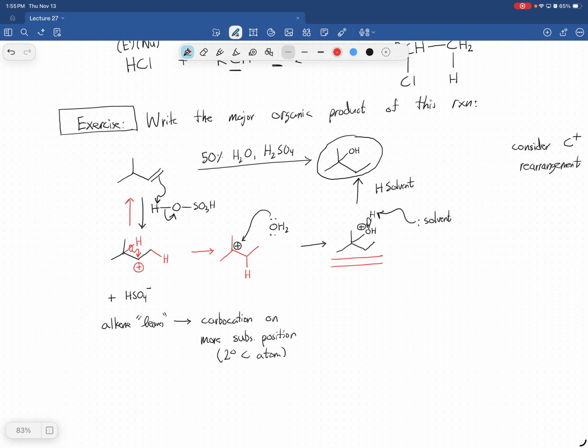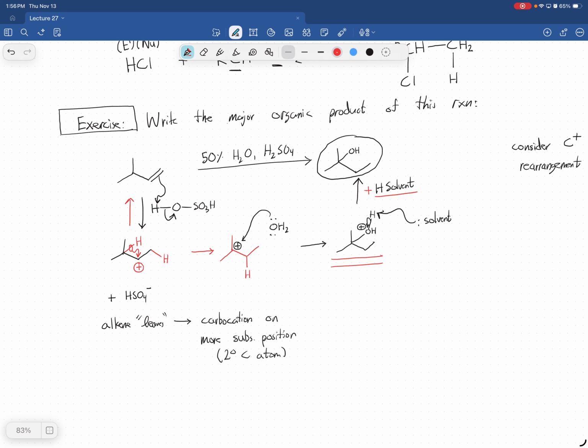I just wrote it right here. Plus H solvent. But you can show that on the side if you want. In the second step where you have the hydrogen in red? Oh, that one. You don't have to show it if you don't need to, but you could if it helps you.